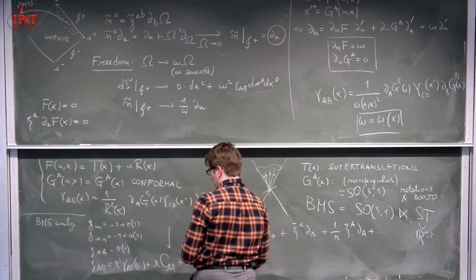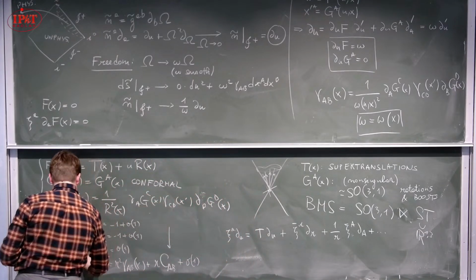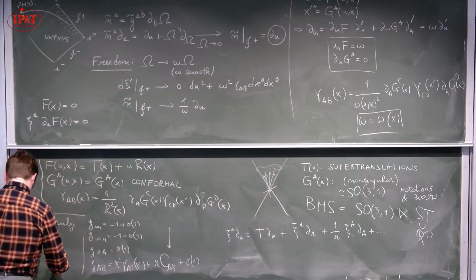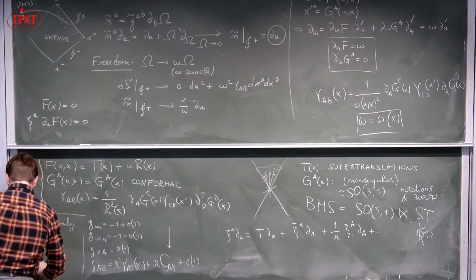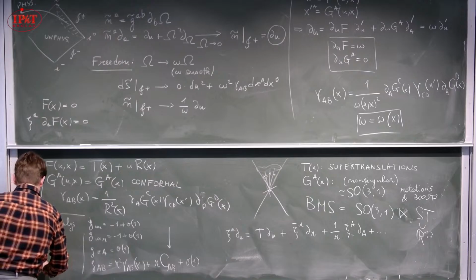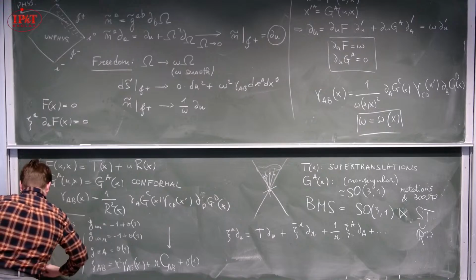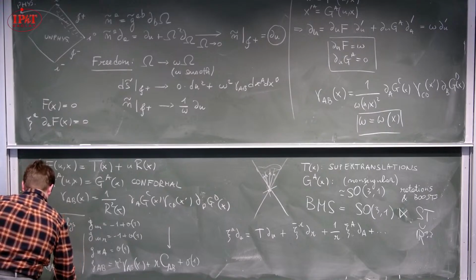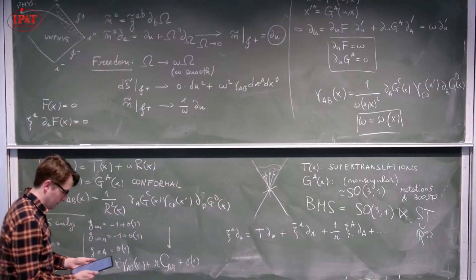So the first condition is that they should preserve this g_Ar equal to 0. Yeah, so g_Ar is 0, and also the determinant condition, which essentially imposes that what I'm calling r is actually the luminosity distance, gamma being the determinant of gamma_AB.